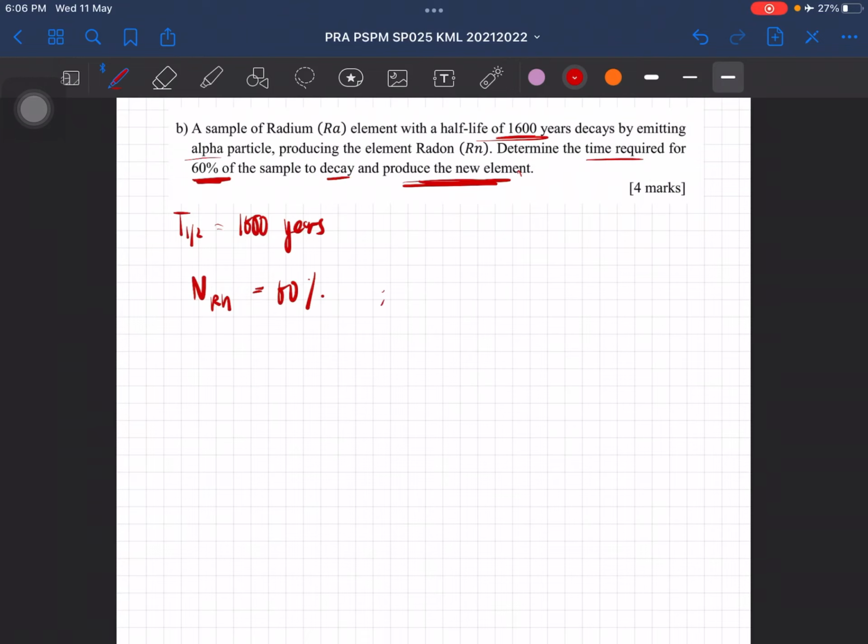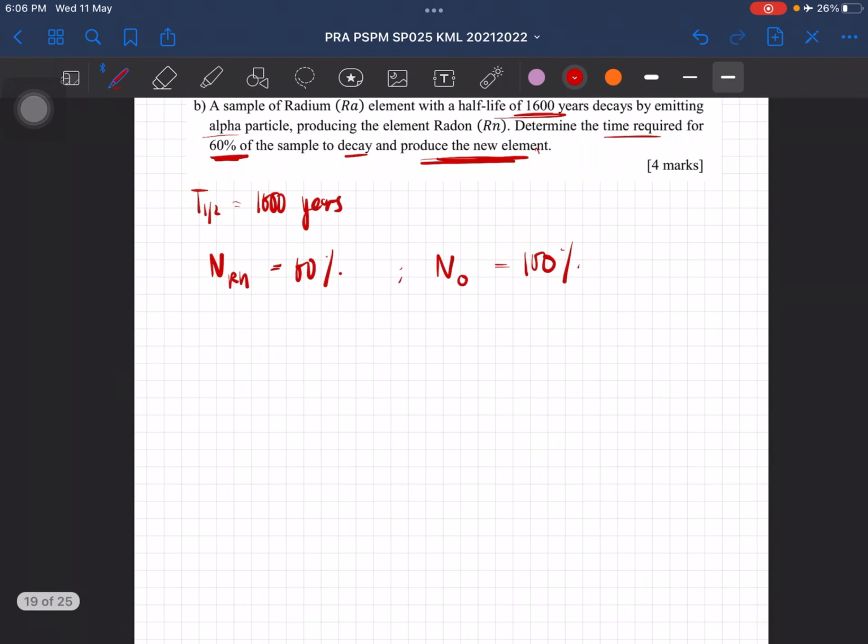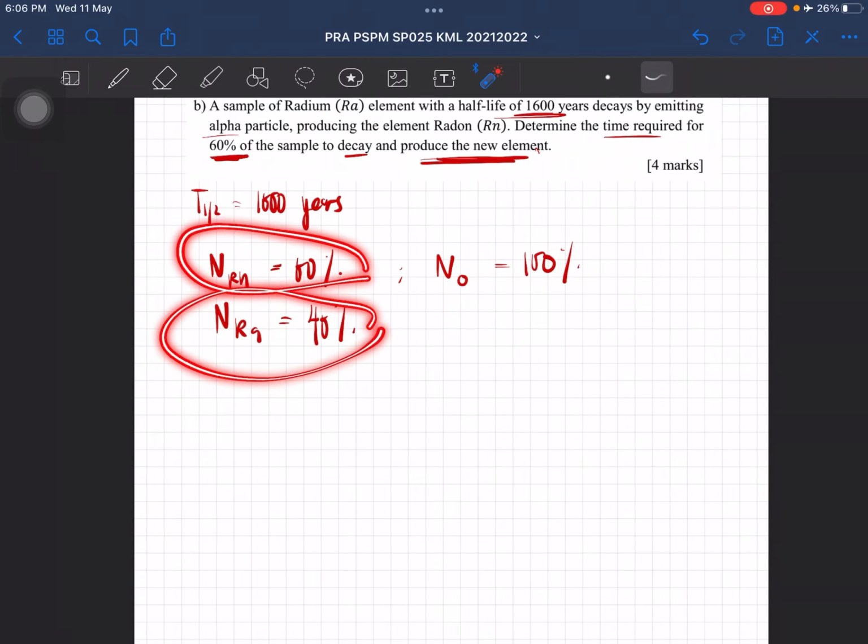And so the original is N naught, actually. So N naught is the 100%, at the start it is 100%. After that we are left with the radium element, must be 40% only, because it says producing element radon, so that 60% must go to radon because it decays. So this is radon, this is radium.